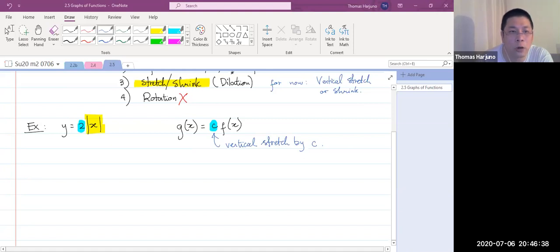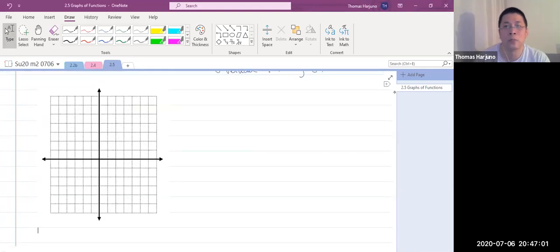It's actually not too hard, but you just need to focus and have a good foundation in what we have learned before, especially the translation. Move left, right, up, down, reflection. Right now, then we do the stretch.